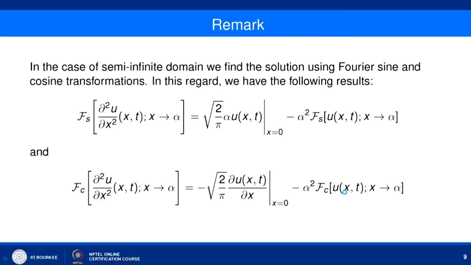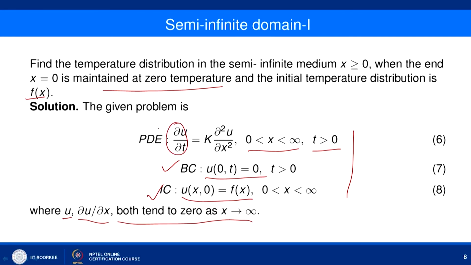Let us look at the following remark: in the case of a semi-infinite domain we find the solution using the Fourier sine and Fourier cosine transform, and in this regard we have the following result. This term can be handled very easily, it is d/dt of u-hat(alpha,t), but we have to handle this term by integration by parts.